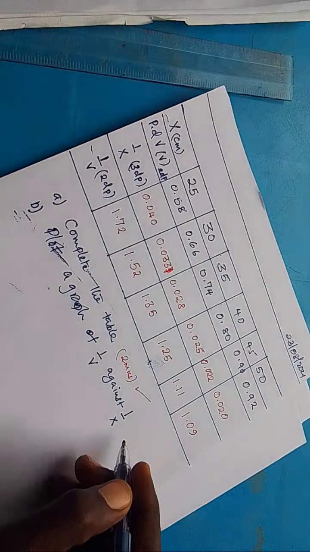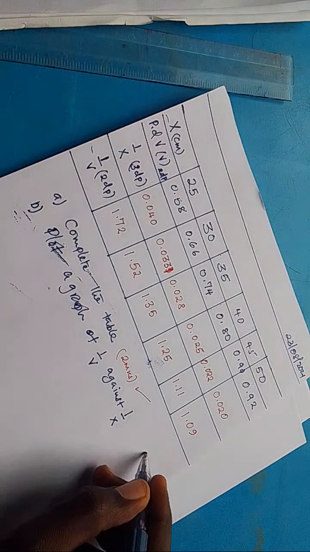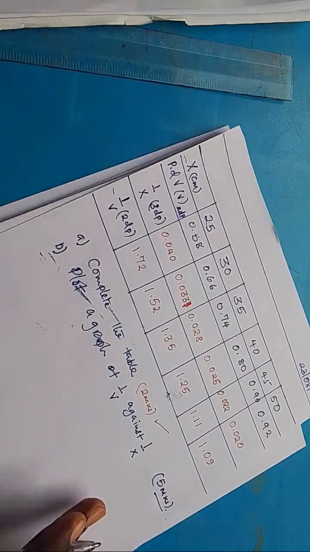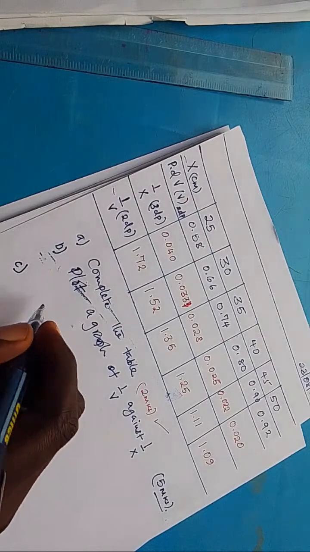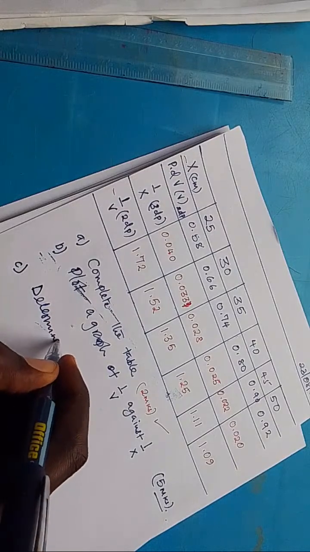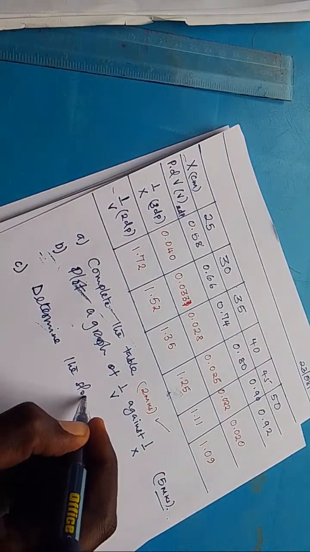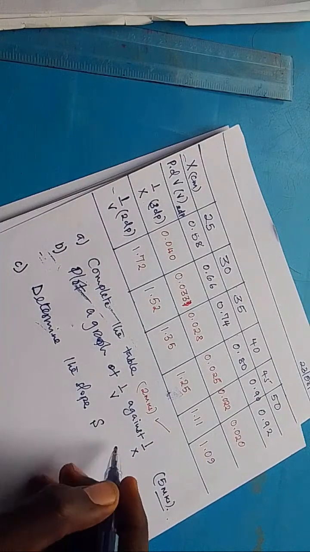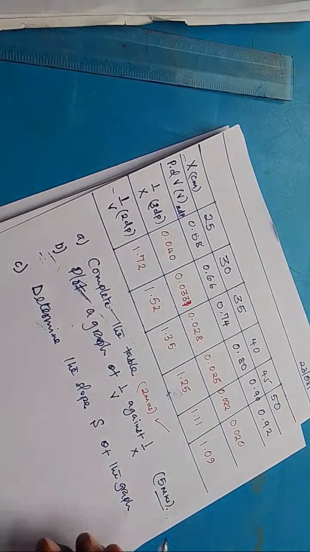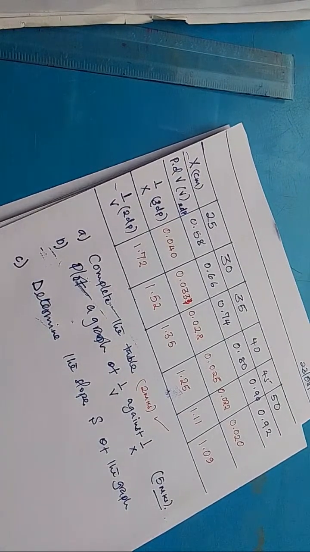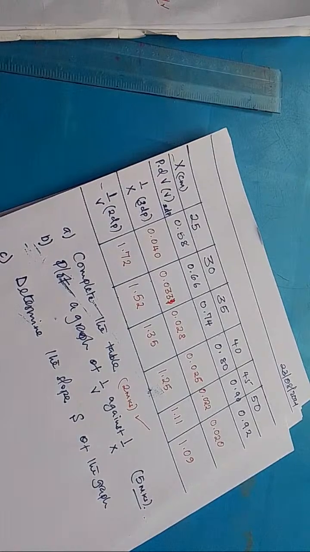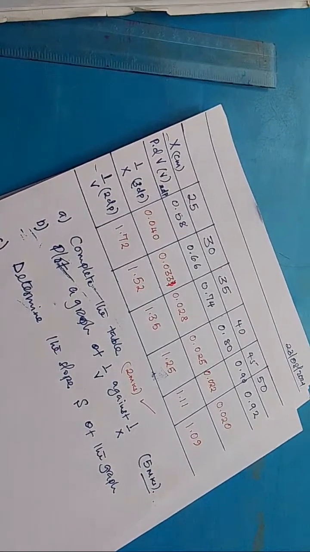And this one is of 5 marks. Then after the graph, we are asked to determine the slope S of the graph.